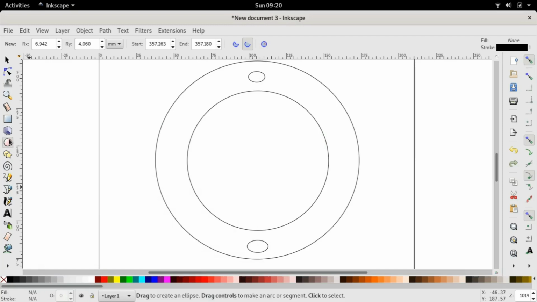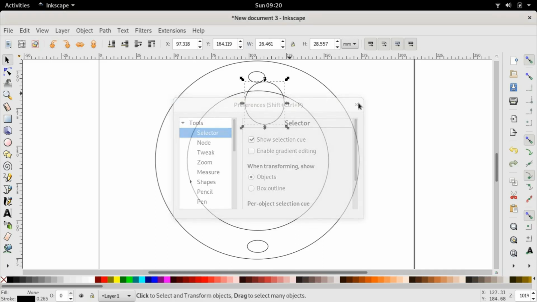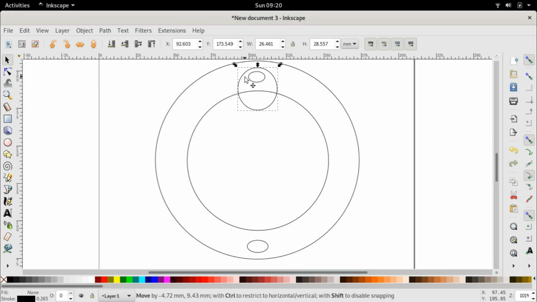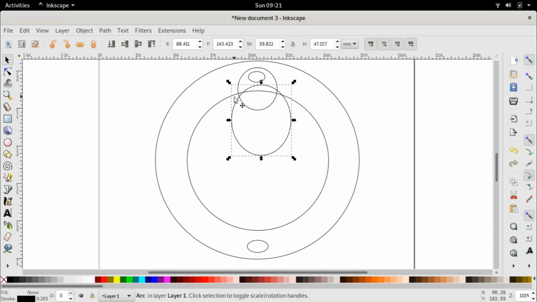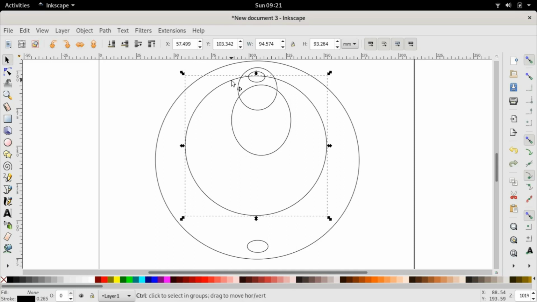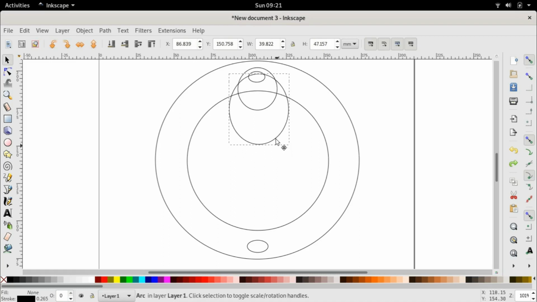Actually, we can continue to draw. So these are just the flux lines.